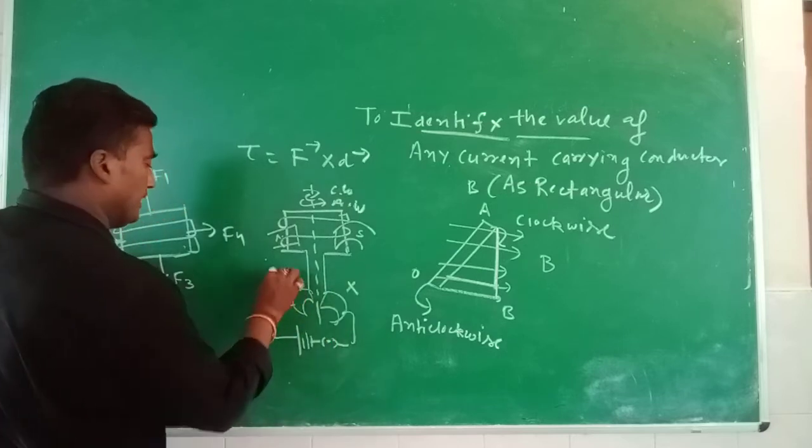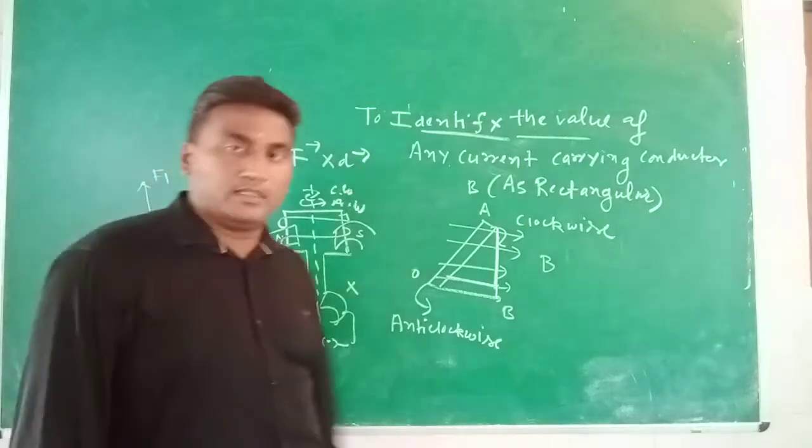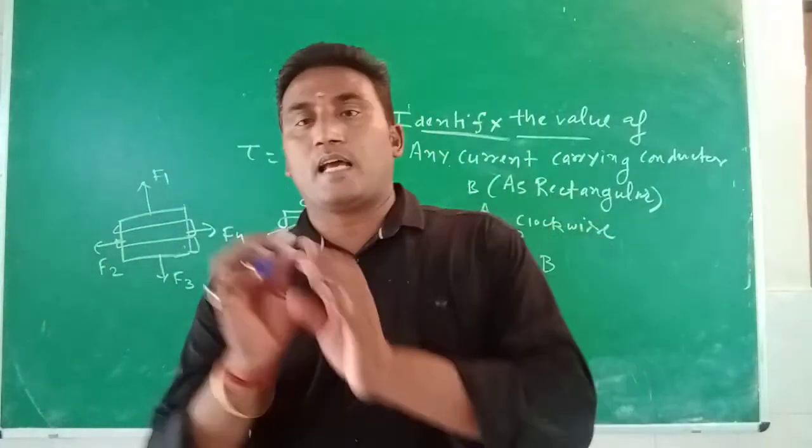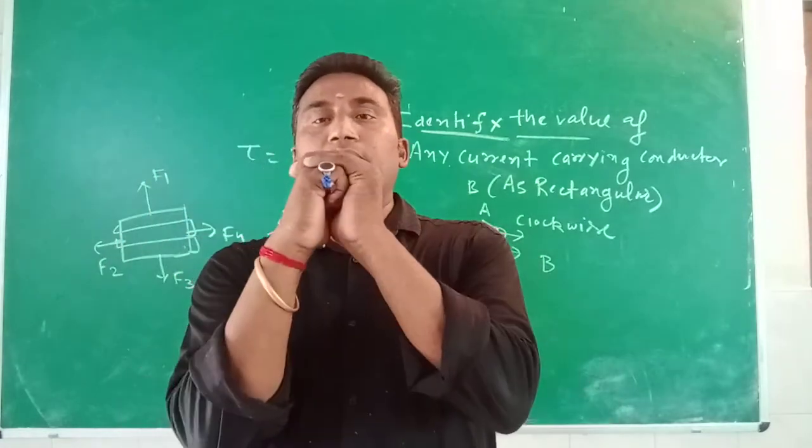Then two split rings X and Y are connected with the electric motor when the current flows clockwise and anti-clockwise, like a cylindrical rod.